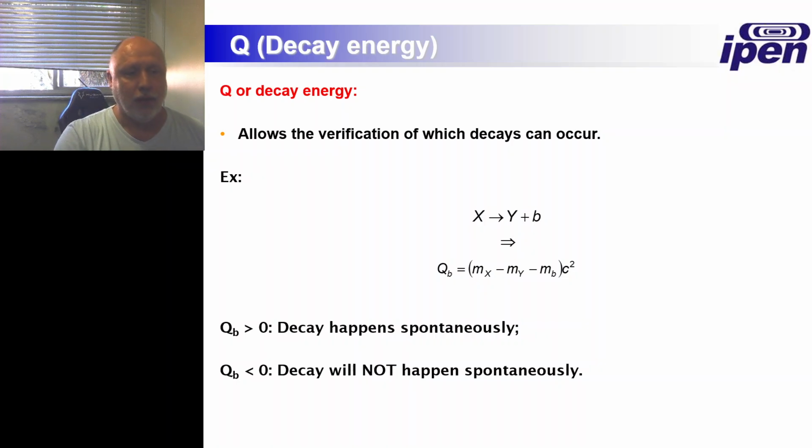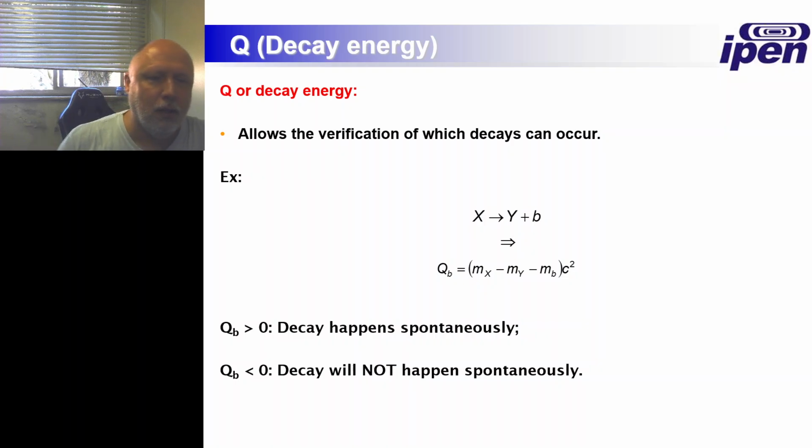So, once again, Q greater than 0 means you've released energy, diminished mass. This happens spontaneously. Q smaller than 0 will not happen spontaneously. Okay, this cannot happen per se in real life. And just to tie things together, remember when I talked about stable nuclei, there were nuclei that were theoretically stable.